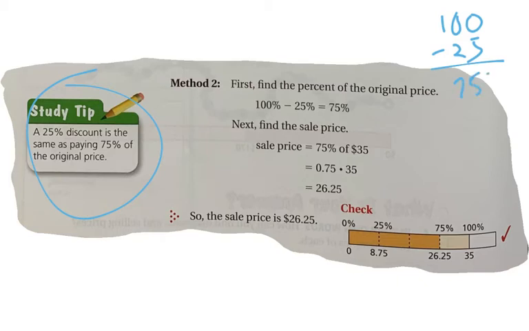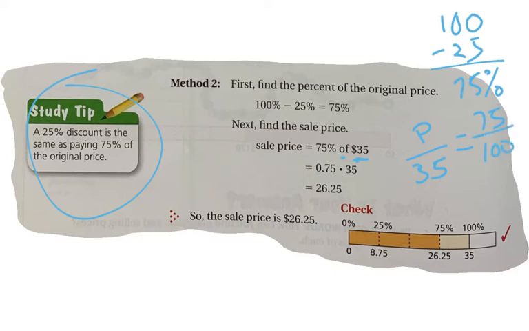That tells me I'm paying 75% of the price, okay? Then I can take 75% of $35. The word "of" indicates that we're multiplying here, right? Of 35 comes after the "of," which means 35 is my whole. I'm solving for the part. I'm looking for the percent of 75 out of 100.